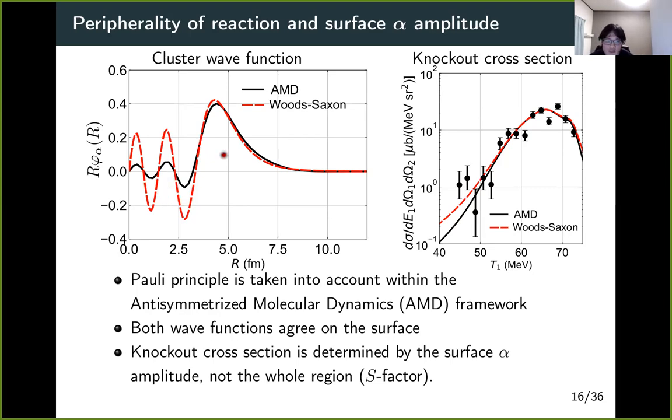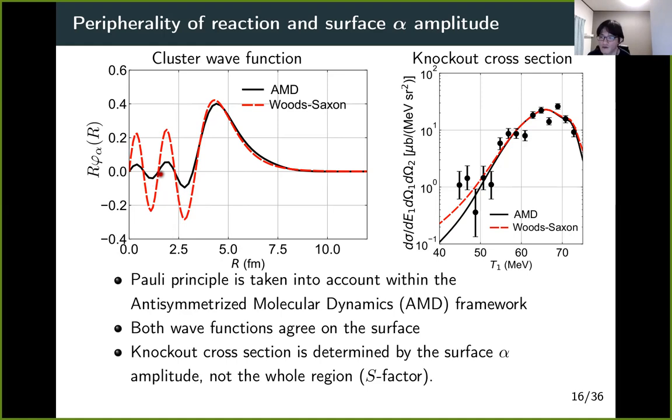This red dashed line is a cluster wave function made by the simple Woods-Saxon potential, and the black solid line is the AMD one. As I mentioned, AMD takes the antisymmetrization principle into account properly, so the alpha amplitude inside is suppressed.